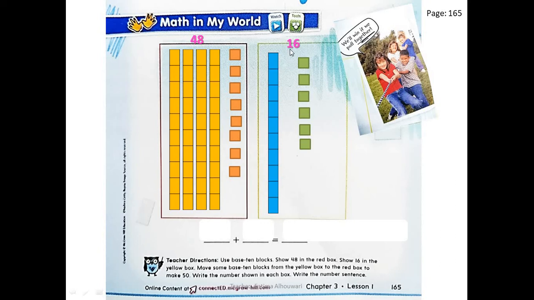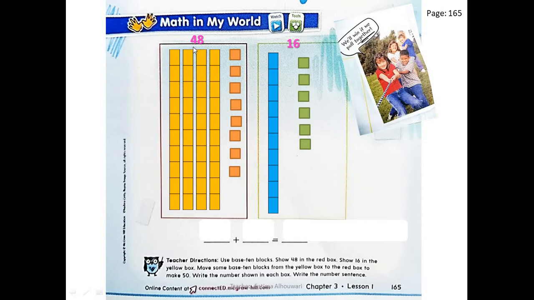Now let's try to add these two numbers. 48 plus 16. We have two-digit numbers. How can we add them? Let's try to make a 10 just as we did in the story. Here we have two numbers, 48 and 16. Let's try to make a 10 out of 48. How can we do that? What do you think? The closest 10 to 48 is 50.